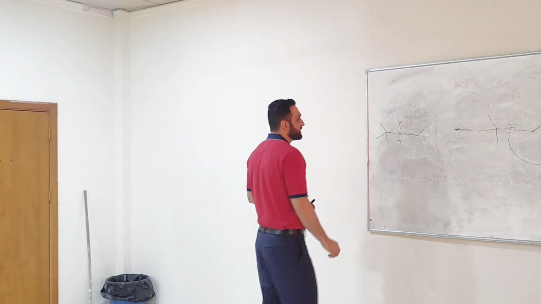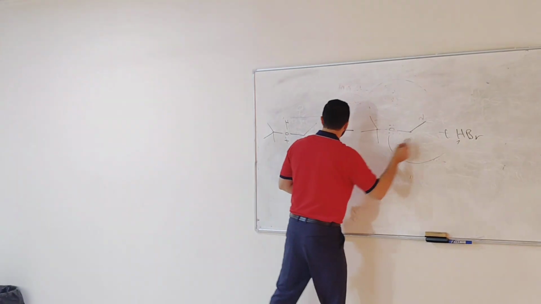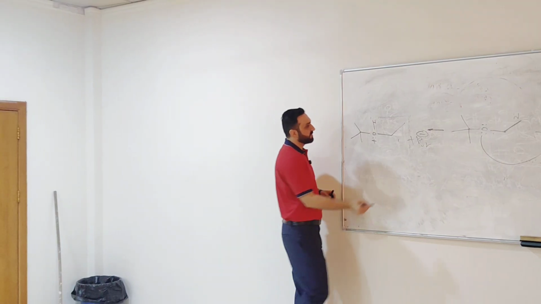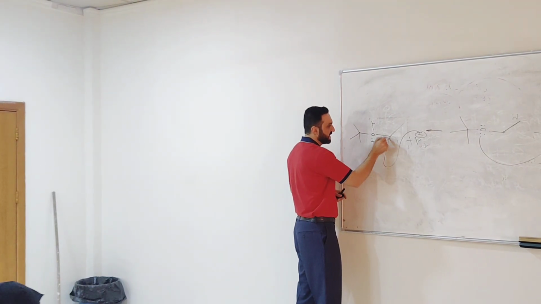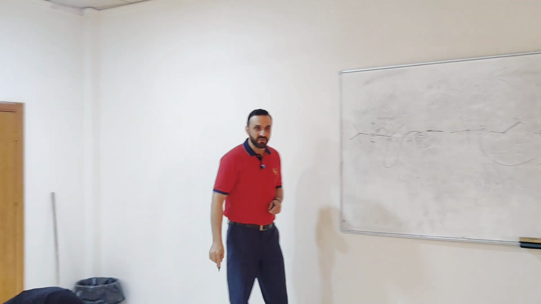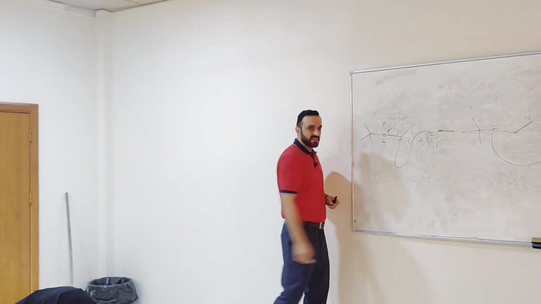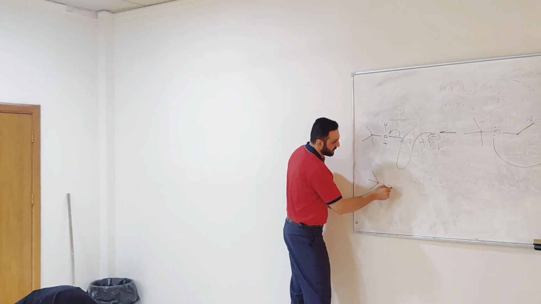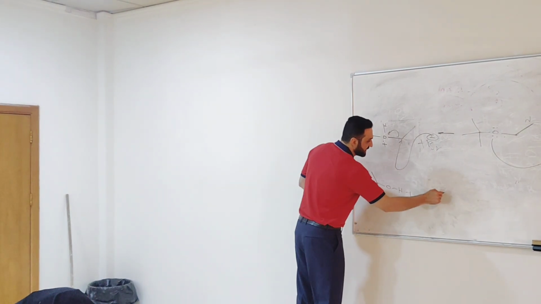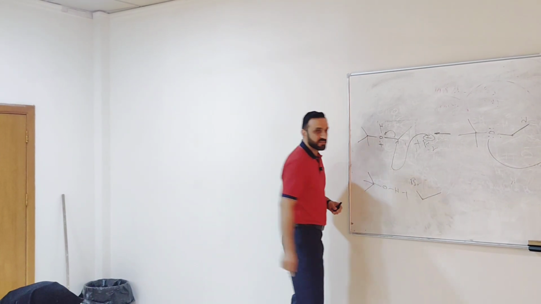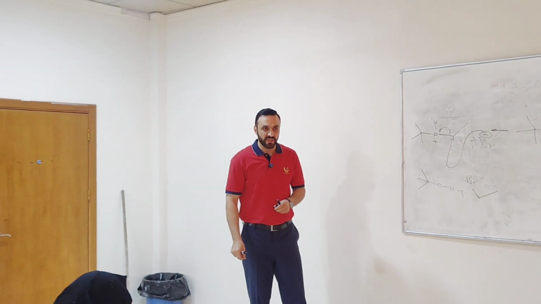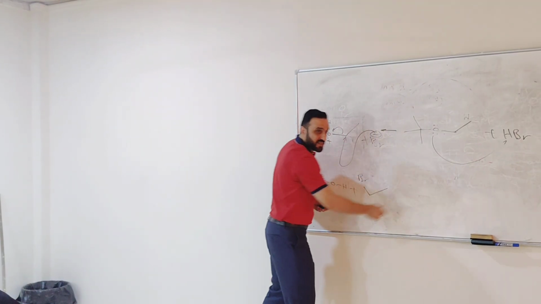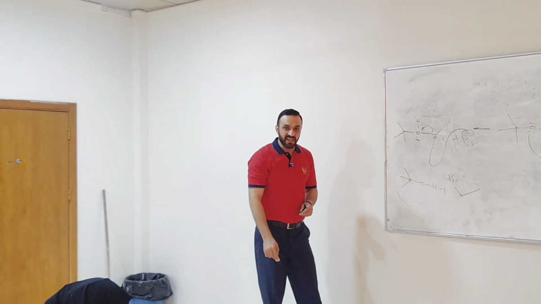Now you have Br minus, which attacks here, and the bond breaks down to give you alcohol plus alkyl halide. The alcohol can react with another molecule of HBr to also give alkyl halide and H2O.